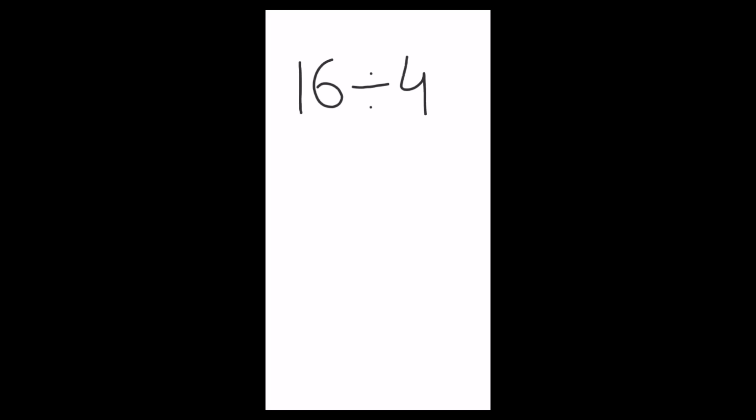See, I'm making a half box. Now tell me which number we need to write inside the half box. Which number is your bigger number? 16. So where should we write 16? Inside the box. Exactly. Now 16 is done. What is the other number which is left? 4.